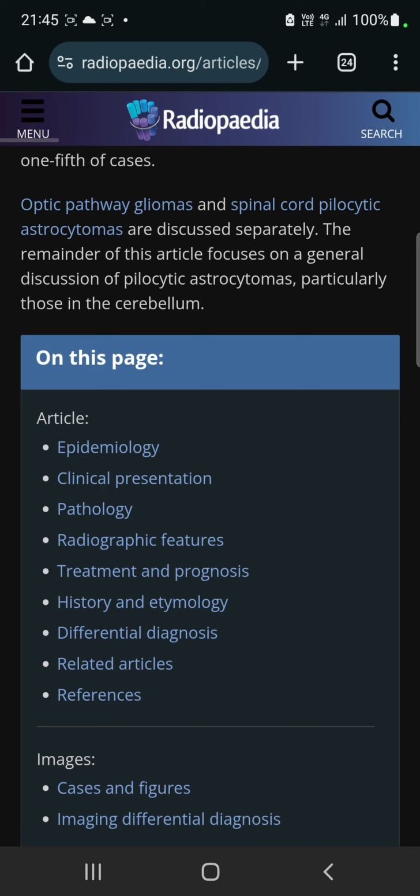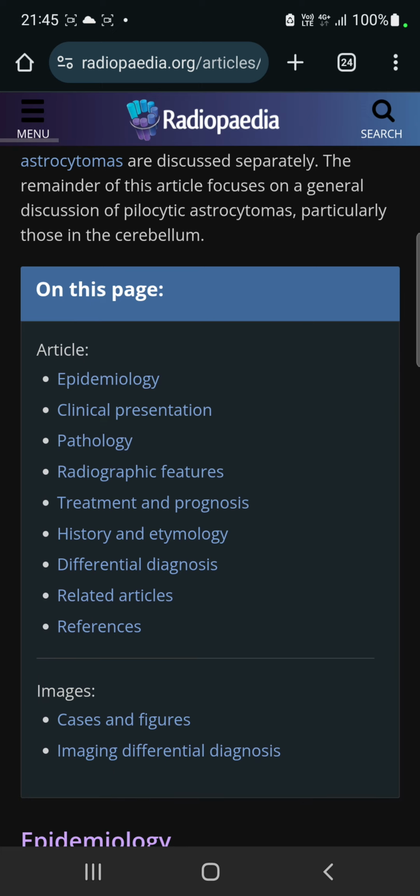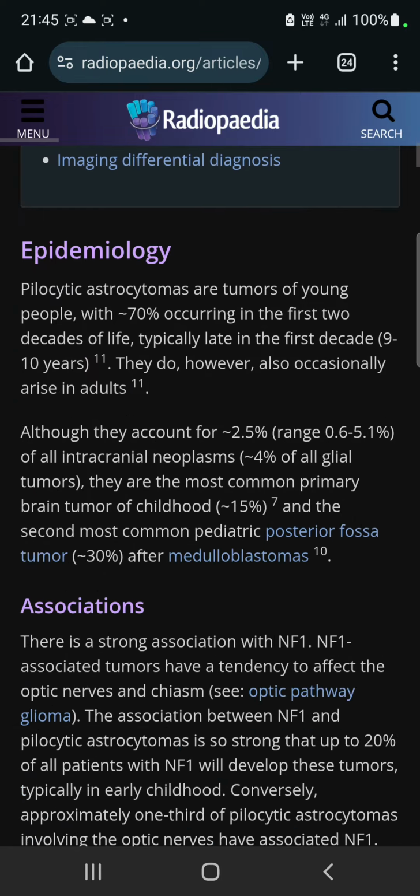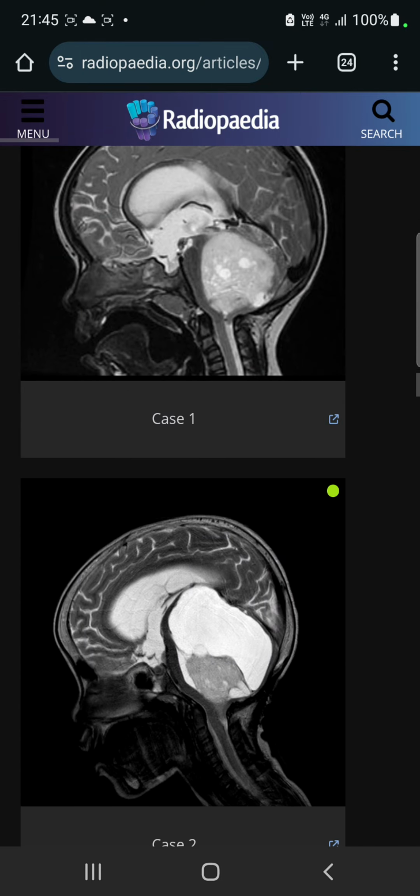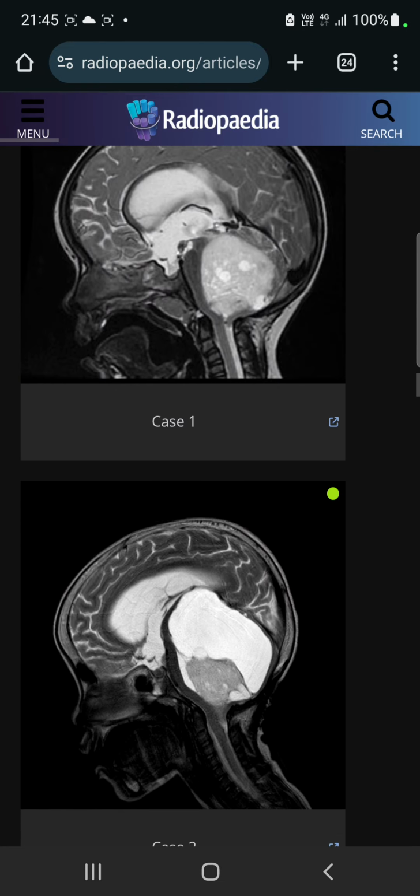Hemangioblastomas are more vascular lesions, so sometimes you may see flow voids, which may help you differentiate hemangioblastomas from this tumor, pilocytic astrocytoma. So let's look at some imaging and you will see the findings that I'm talking about.